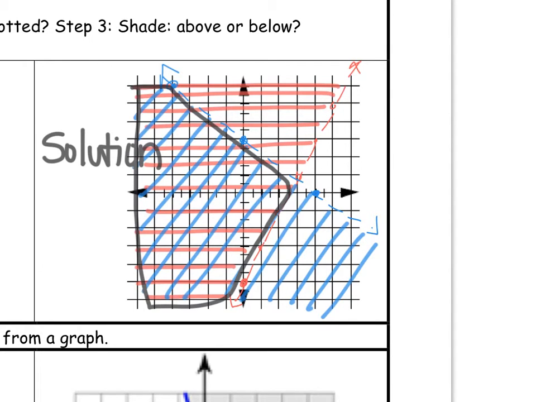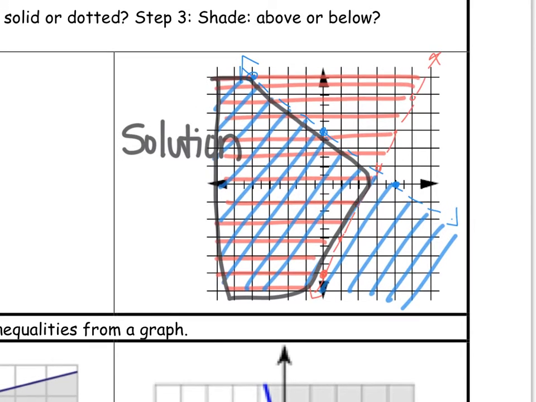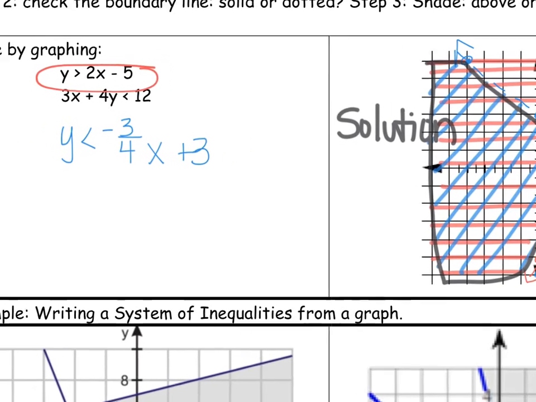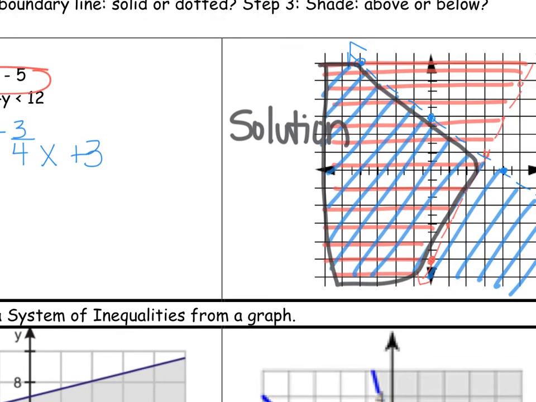So any point inside that double shaded area will work in both equations. It'll work in y is greater than 2x minus 5. It'll also work in 3x plus 4y is less than 12. And we can pick my favorite point, 0, 0, and 0, 0 will work in both equations.